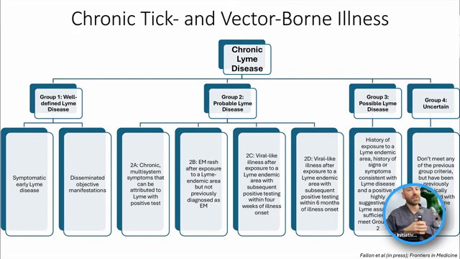But in general, the way that the clinical trial network at Columbia University think about the diagnosis of a chronic tick and vector-borne illness is they have different groups that assign different levels of certainty to the diagnosis.